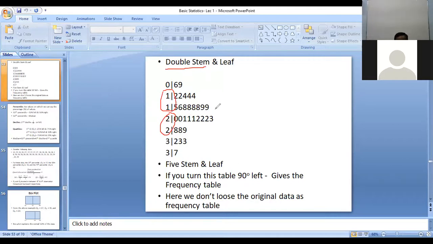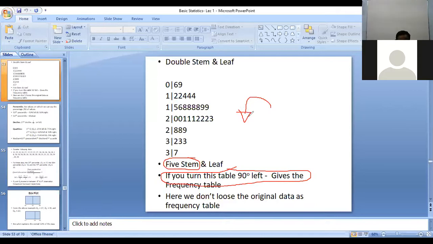Double stem and leaf can be applied to cases where we have a very large number of data. Then we can go up to even 5 stem and leaf. That depends on the amount of data that we have. If you turn this stem and leaf table by 90 degrees anti-clockwise, it will give a diagram similar to the frequency table.